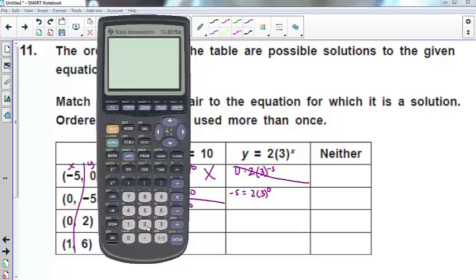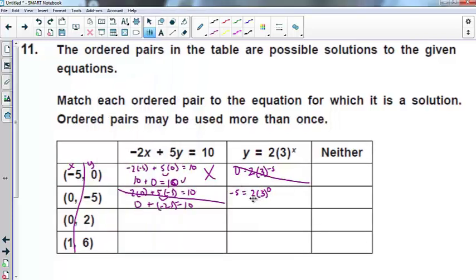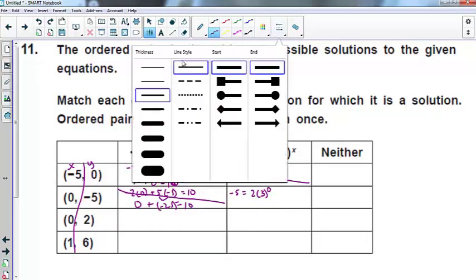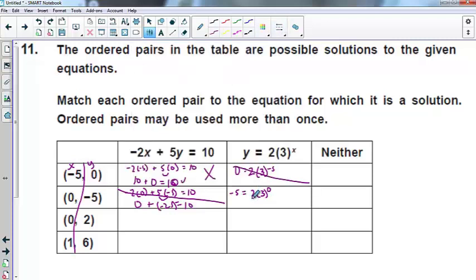So if I plug in 2 parenthesis 3, close it up, raise it to the power of 0, my answer is 2, because this is the same as saying 1 times 2. Is 2 equal to -5? No, so my x for this one should be neither.